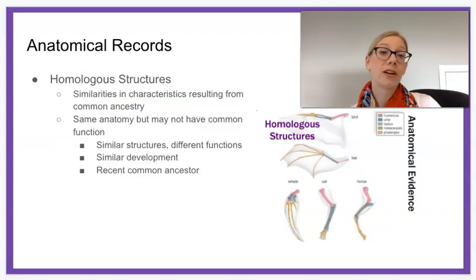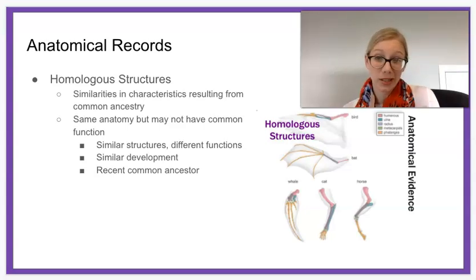So we can also look at what we call anatomical records, and we're going to talk about homologous structures here. Basically, we're looking at parts of organisms, right? Homologous structures are similar in characteristics resulting from a common ancestor. That means they have the same anatomy, but they might not have the same function.